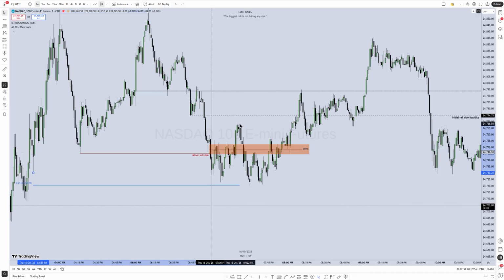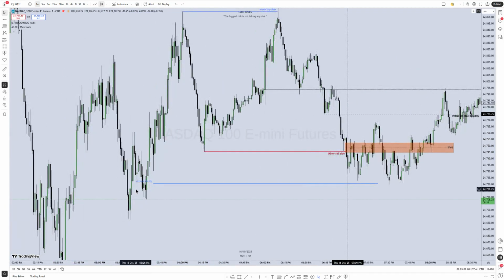Now I want to measure from that high. That is the negative 0.25, that blue line of this low starting from that high. It gets nailed so beautifully just there.